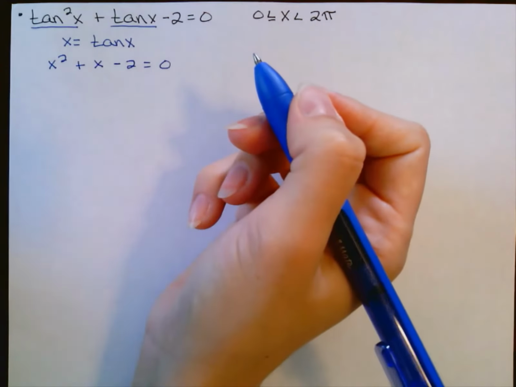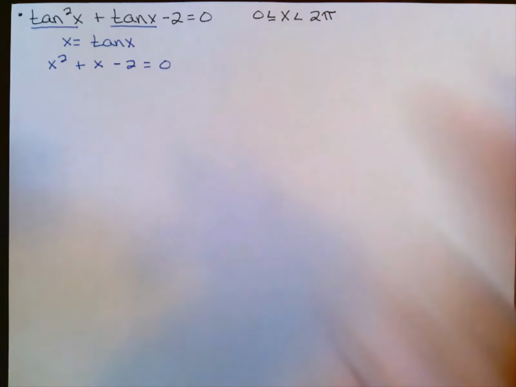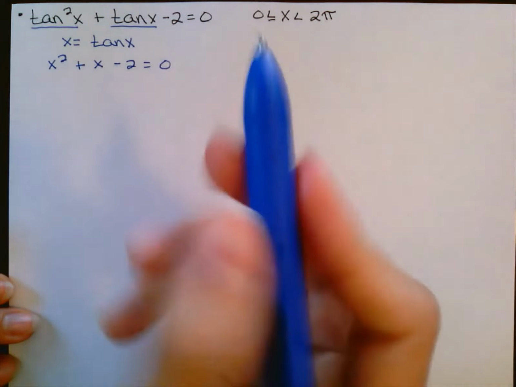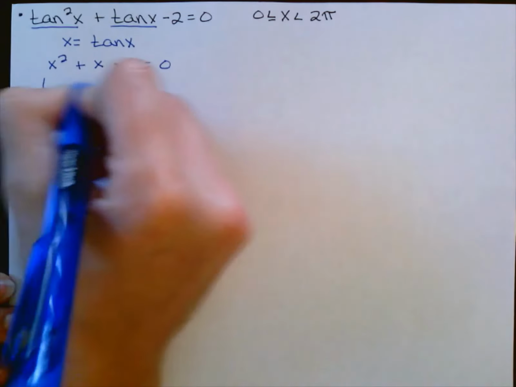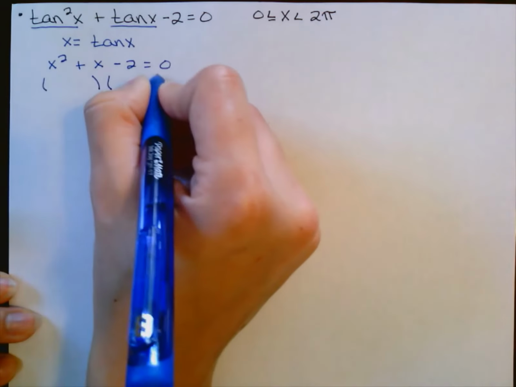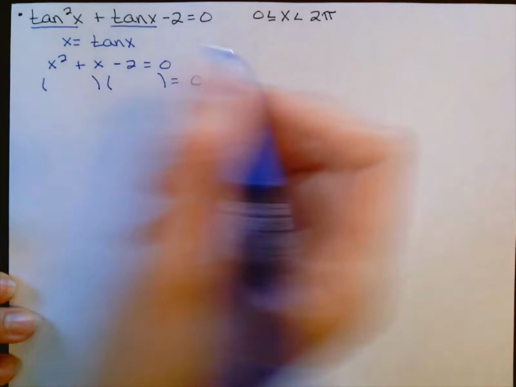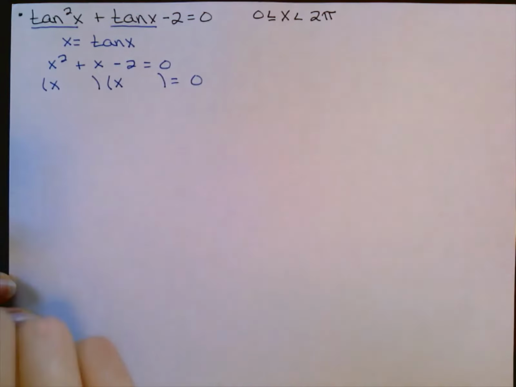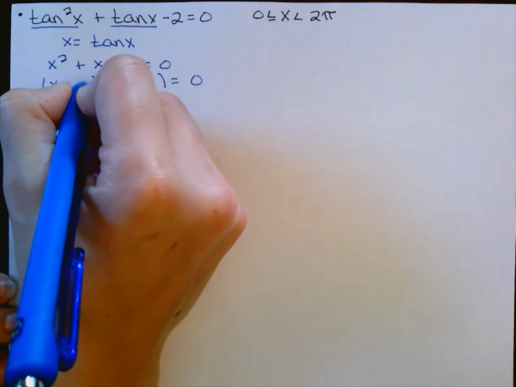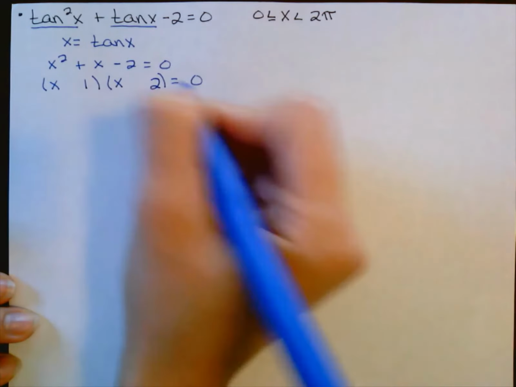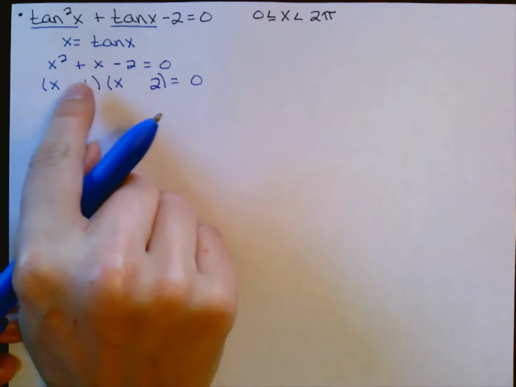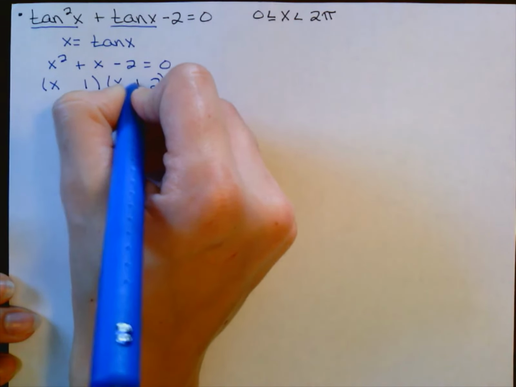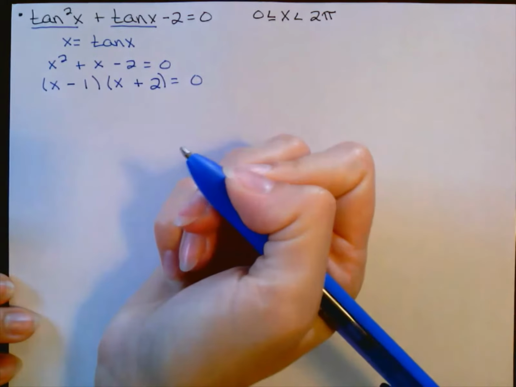When you were solving regular functions back in algebra, this hopefully looked really familiar, and if you needed to solve for x's, you can catch, hey, I can factor this into two binomials. And I can say, okay, this is going to be an x and an x. Two numbers that multiply to give me 2 is going to be a 1 and a 2, okay? And then that combine to give me a positive 1. Well, if I want a positive 1, I need this 2 to be positive and this 1 to be negative.